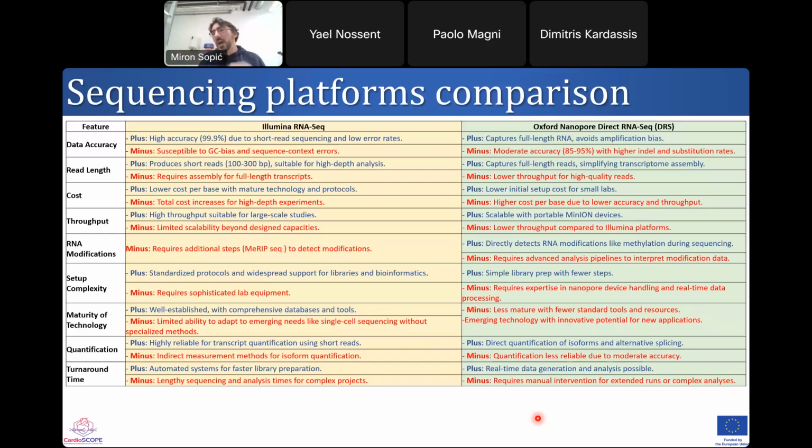These signals that are different between different modifications and different nucleotides are all already in your original raw data. But you just need new bioinformatic pipelines to understand how these signals differ from each other, and to be able with great accuracy to say, okay, in this position, this is this modification and this is that modification.